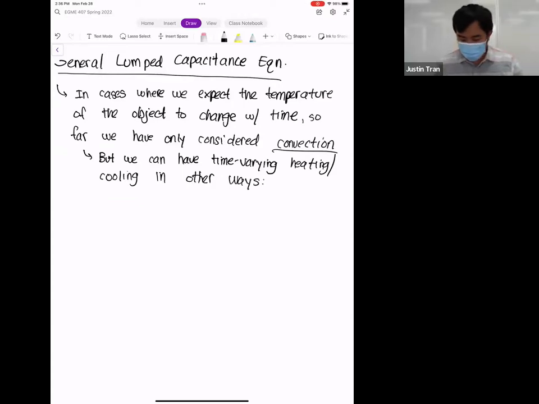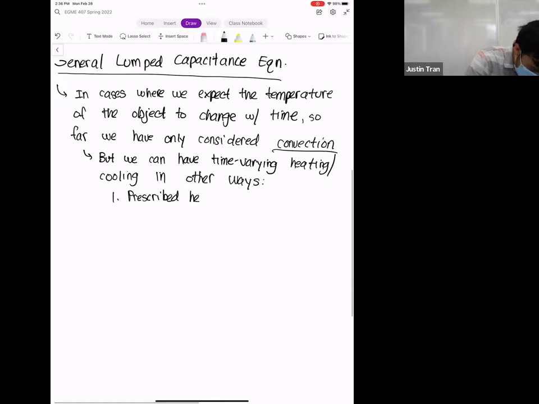Okay. And so besides convection, we can have, for instance, a prescribed heat flux. Right? And so we can have a situation like, remember our heat sandwich from the beginning, from our first homework, right?